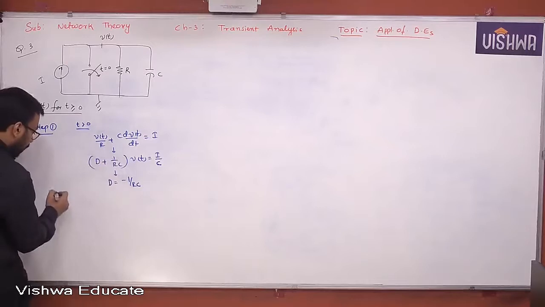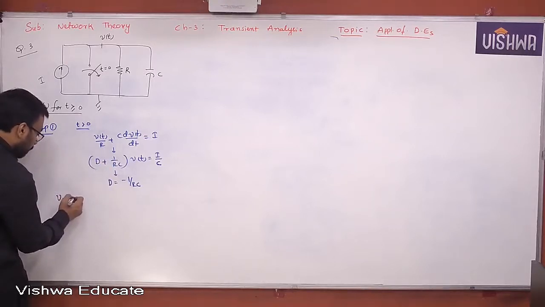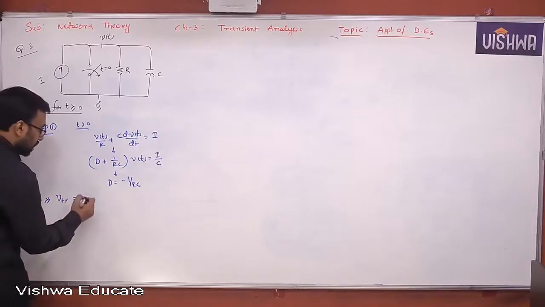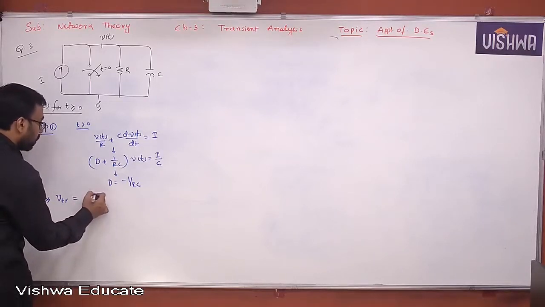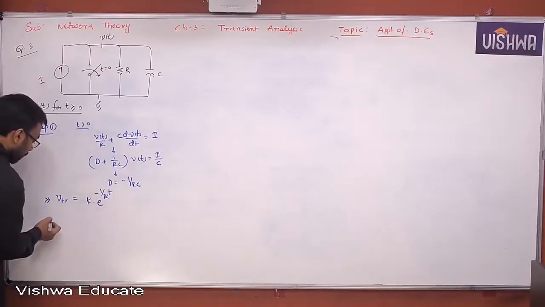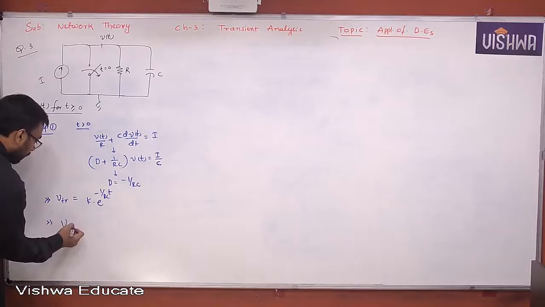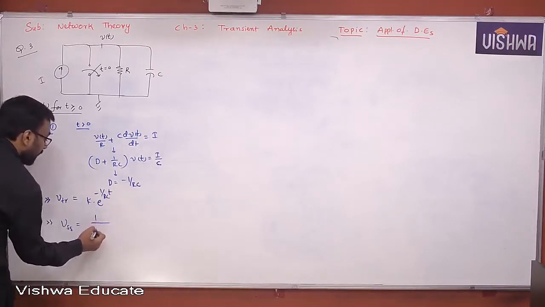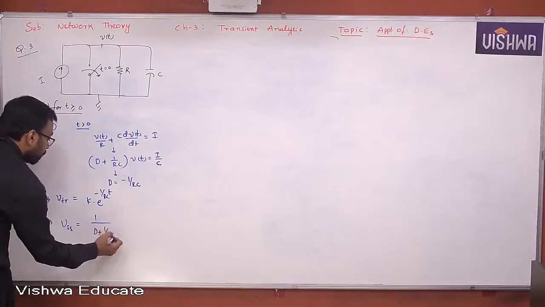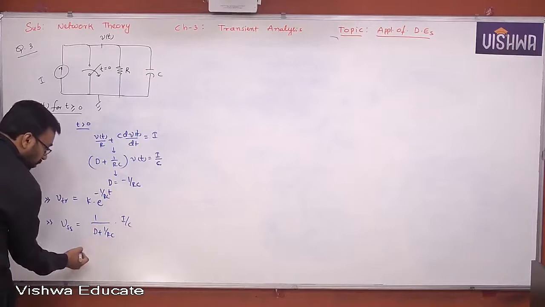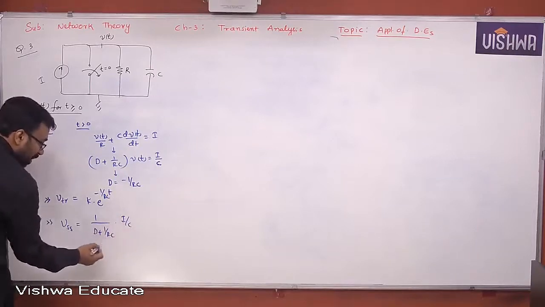Therefore, what is V transient? The transient portion of the total response is K into e power minus 1 by RC t. And what is the steady state? V steady state is 1 by (D plus 1 by RC) into I by C. When you substitute D equal to 0, what you get is I by C divided by 1 by RC.